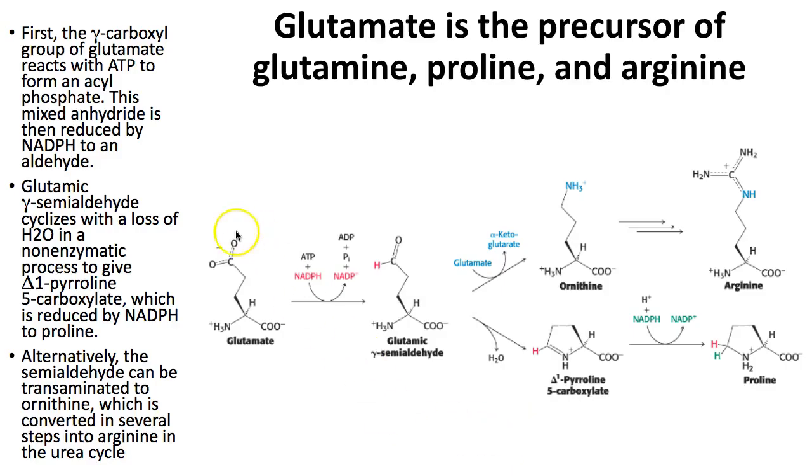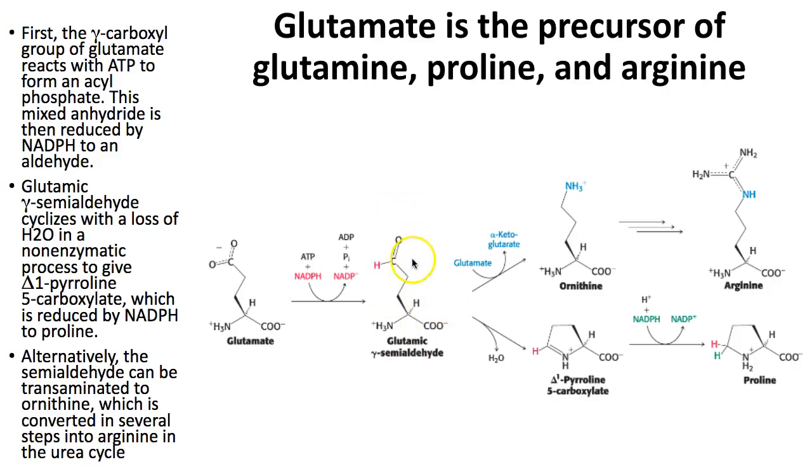Starting with glutamate, you have ATP, where it forms an acyl phosphate right here. So a phosphoryl group is attached here, and then it gets replaced by the NADPH, and that's where you have that hydrogen that is there.